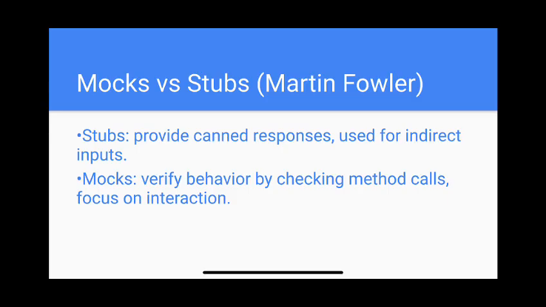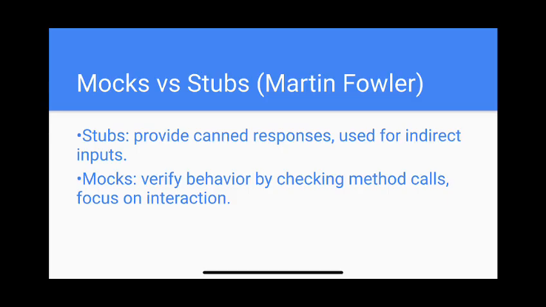On the other hand, a mock is an object that contains pre-programmed expectations of how the SUT should behave. Mocks are mainly used for behavior verification, checking that specific methods were called, how many times, and with what arguments.